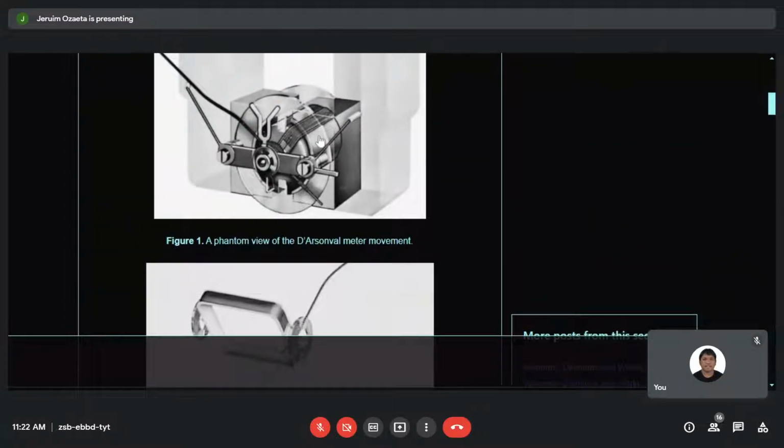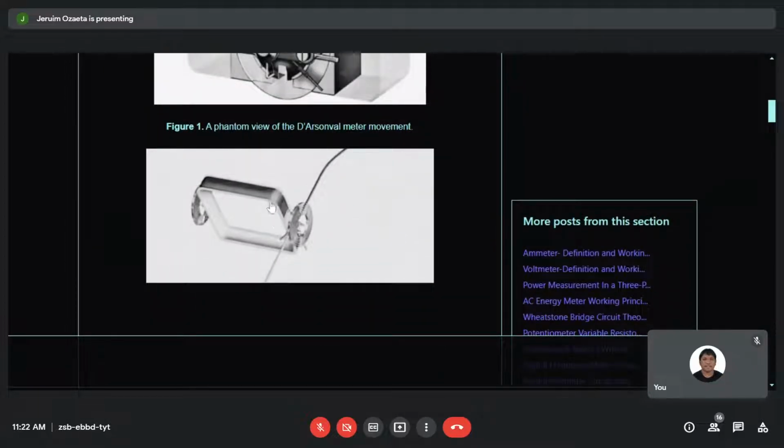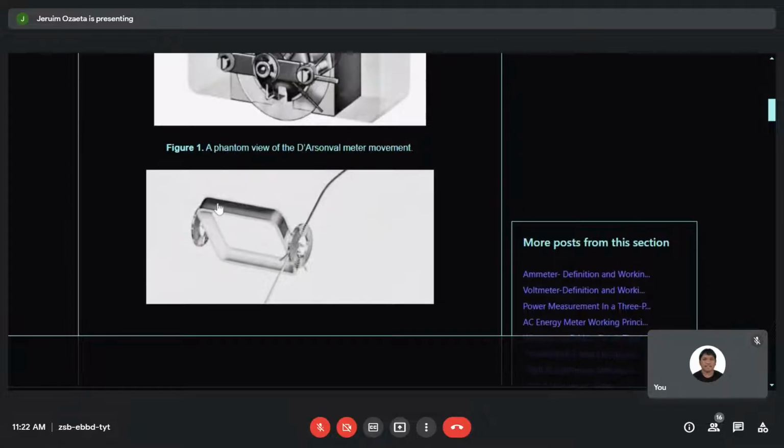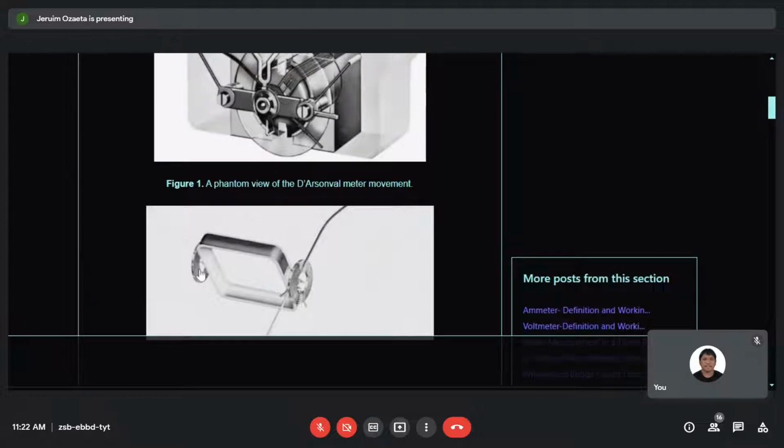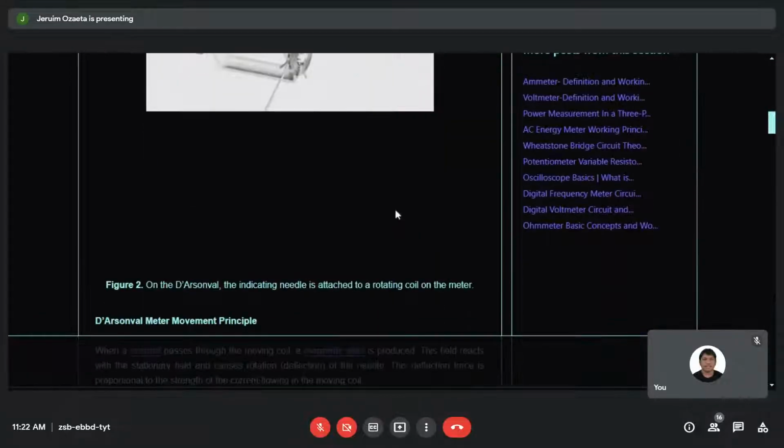The Arson-Ball meter movement makes use of a permanent magnet. Of course, there are two poles, the north and the south poles, and a moving coil like this, where the moving coil here is being maintained to zero position by means of the force of the spring.